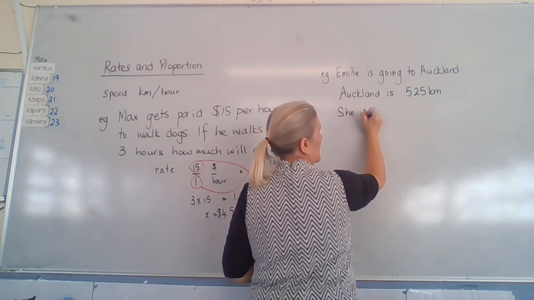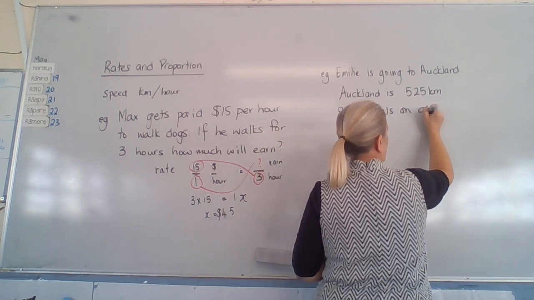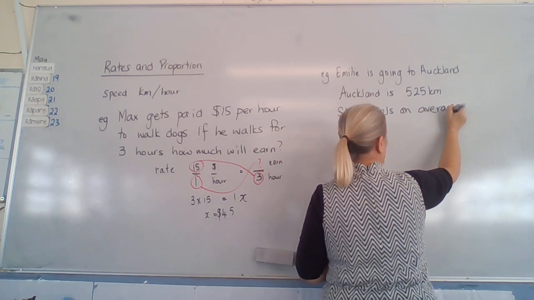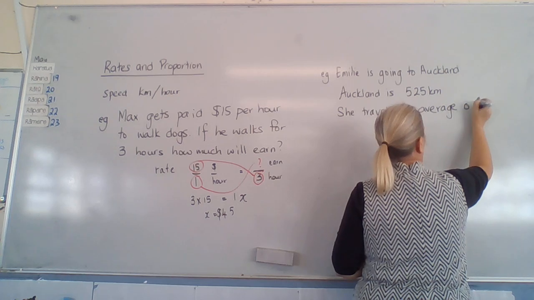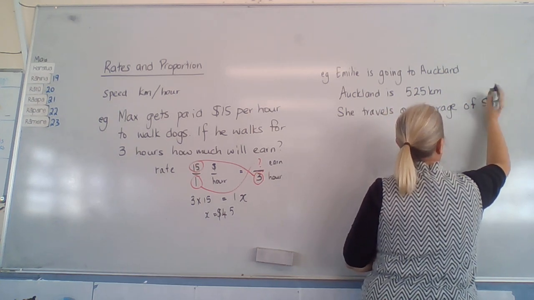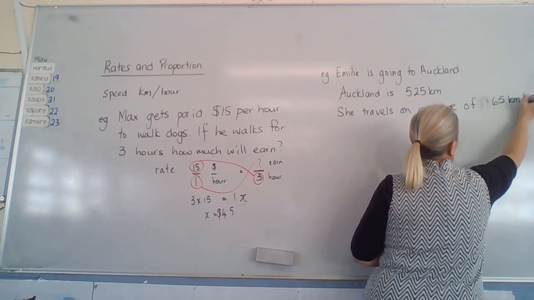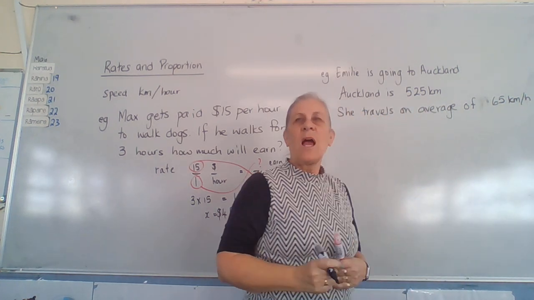She travels an average, so obviously cars don't travel the same speed all the time, but an average of 65, not dollars, 65 kilometres an hour. All right? How long will it take her?